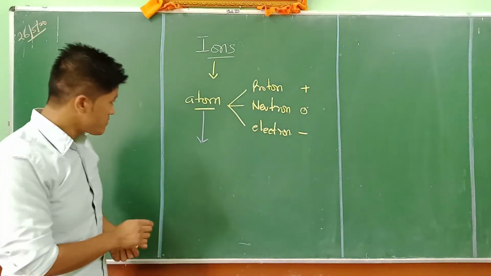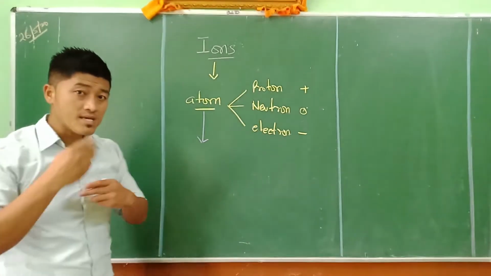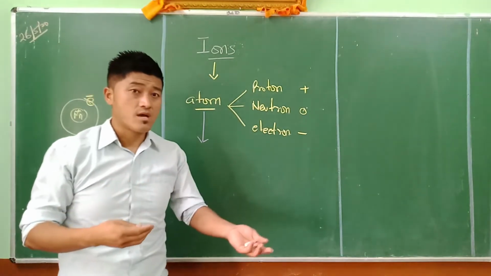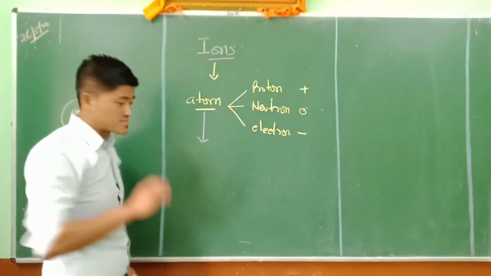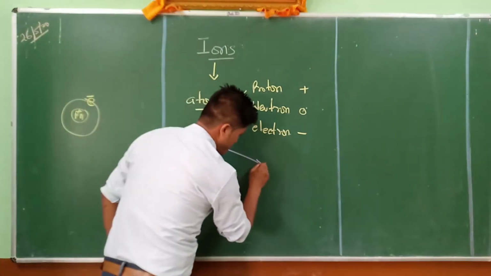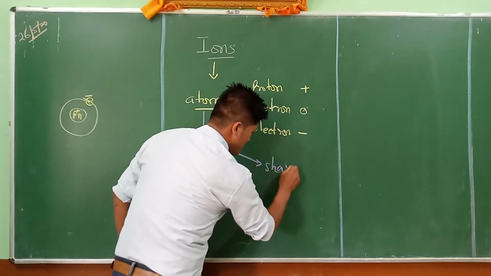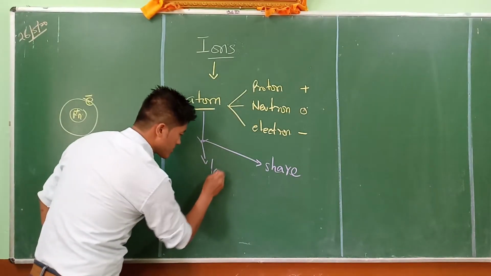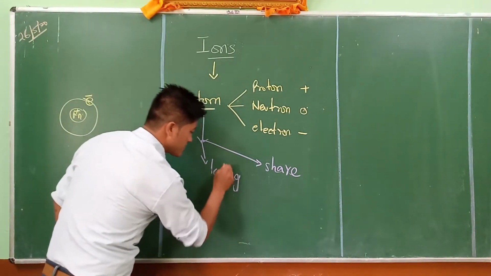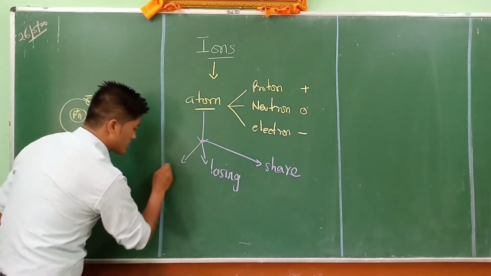In a similar way, atoms make connections with other atoms. How do they make connection? They make connection through 3 different things: number 1 is by sharing, number 2 is by losing, and number 3 is by gaining.